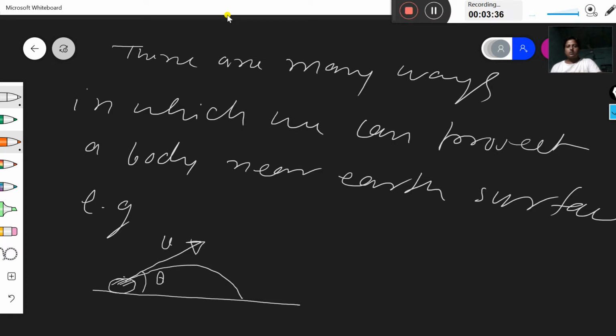Or there is earth surface, there is a building, we project body, and so body goes like this.